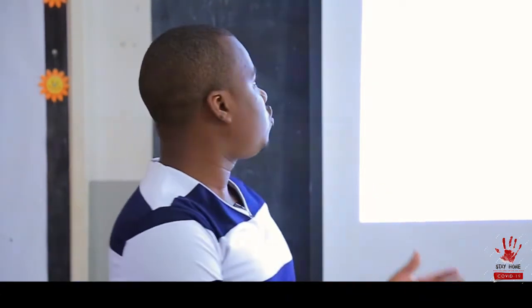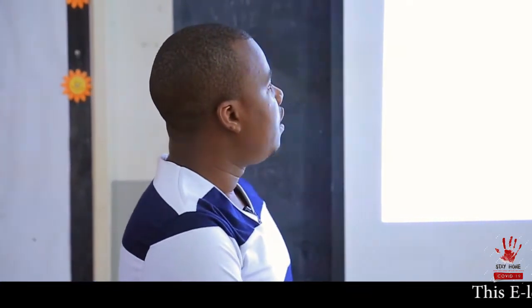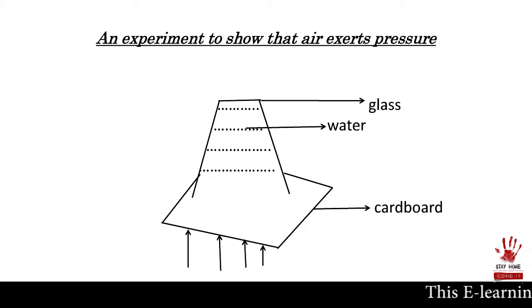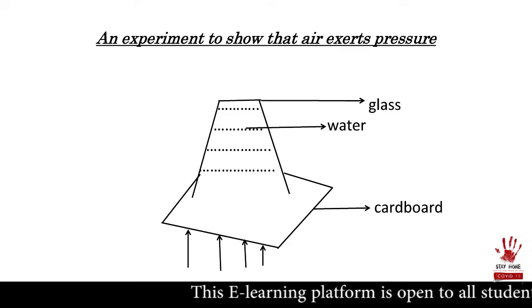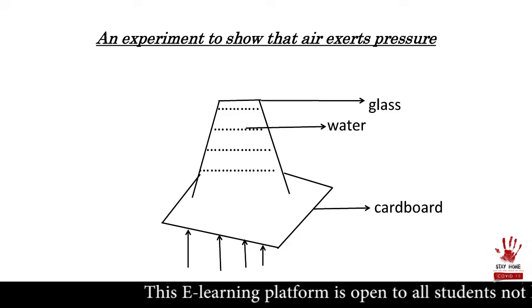Now we can do some illustration about that very experiment. So look at this. This is what we have just done in our experiment. This is a glass with water and then the cardboard. The glass is turned upside down and you hold on top.